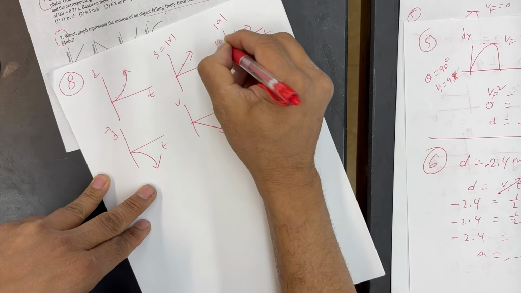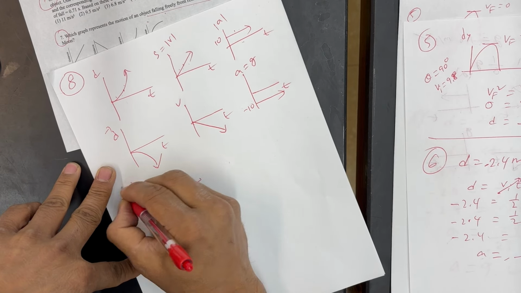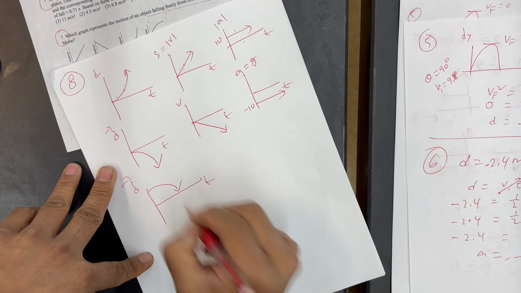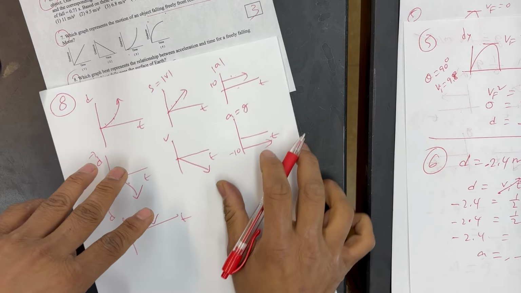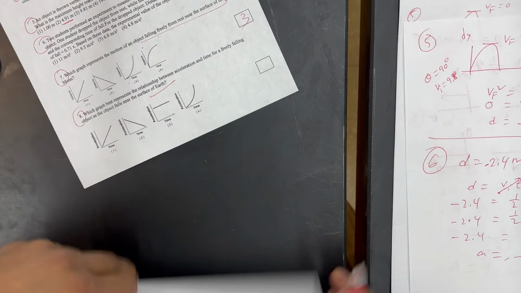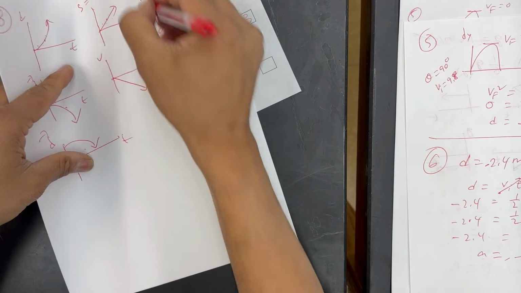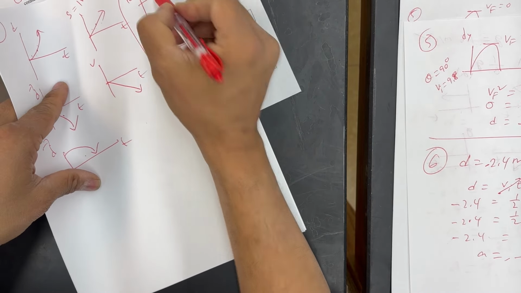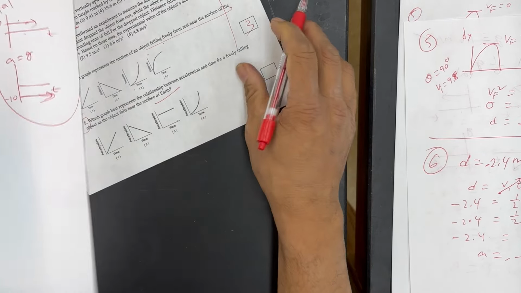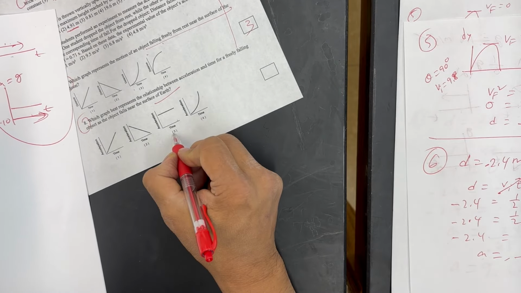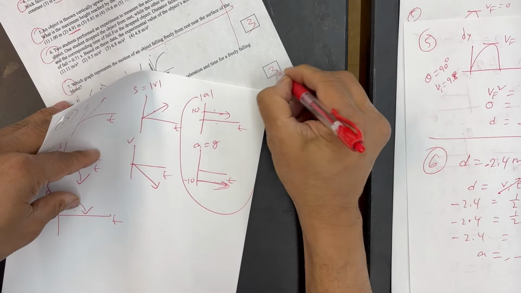This is negative 10, so this must be 10. You can do it this way, and this one and this one are the same. Now they are only doing acceleration. So acceleration, no matter what, even if you take the absolute value, is constant. If you don't take the absolute value, it is also constant. So number 3 is the only option.